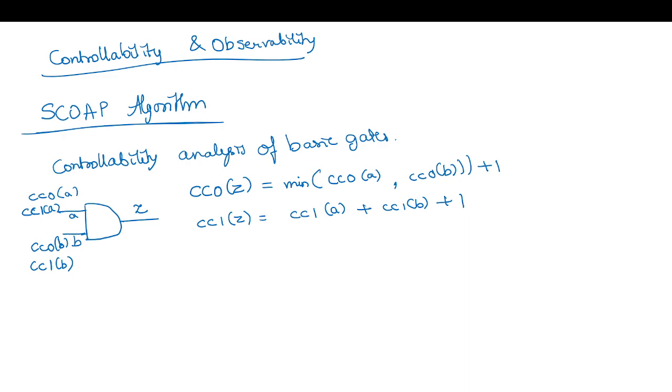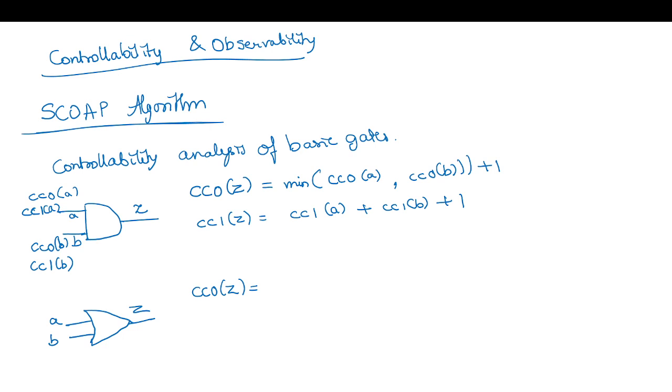I am audible, right? So what will be the combinational controllability for this OR gate in a similar way? A, B. If you have this C, now consider the combinational controllability to 0 for this C. You can unmute yourself and also answer.